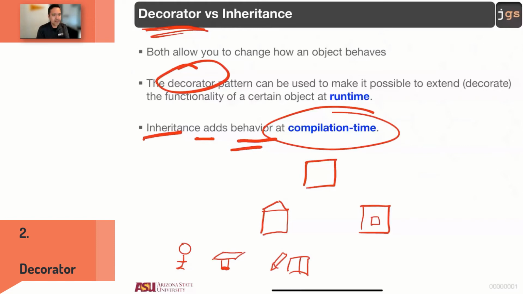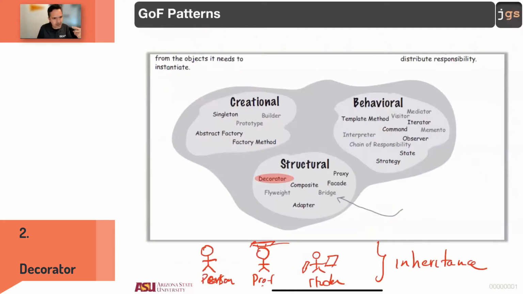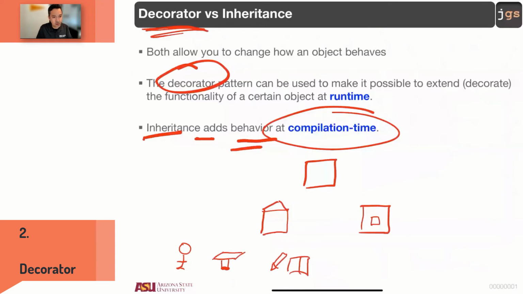You're going to have three classes, yes, but they are not going to be the professor, the person, and the student. They are not going to be these three that I drew before. You're going to have three classes. The person, the extra thing that you need for some person to be a professor, and the extra thing that you need for some person to be a student. And I am using these drawings to exemplify things. That is what you're going to have at compilation time.